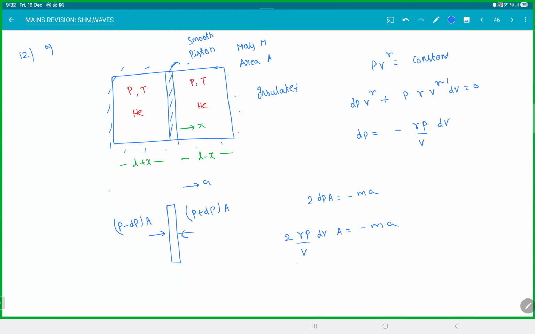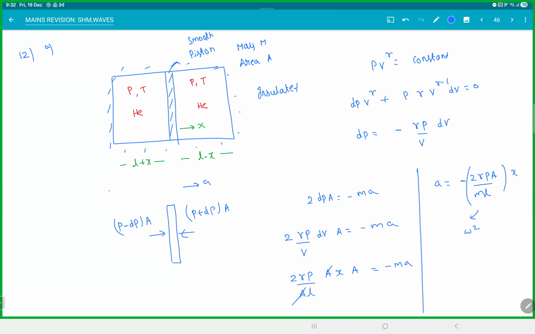But what is V? V is nothing but A into L. What is dV? A into X. One A goes off. We get acceleration is equal to minus 2 gamma P A by L M into X. There. That's your omega square.